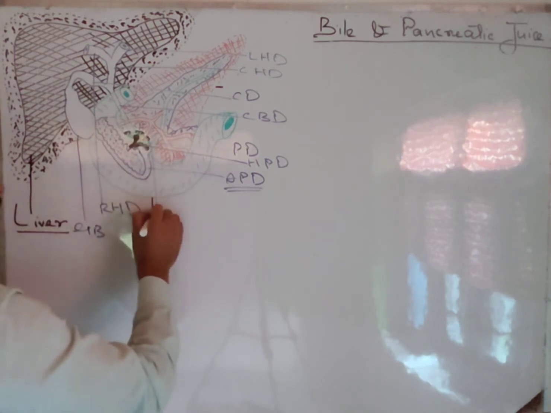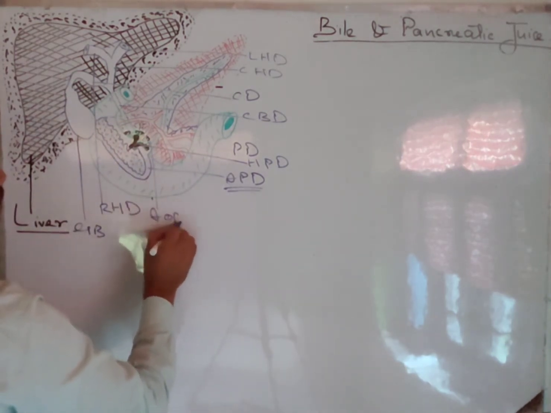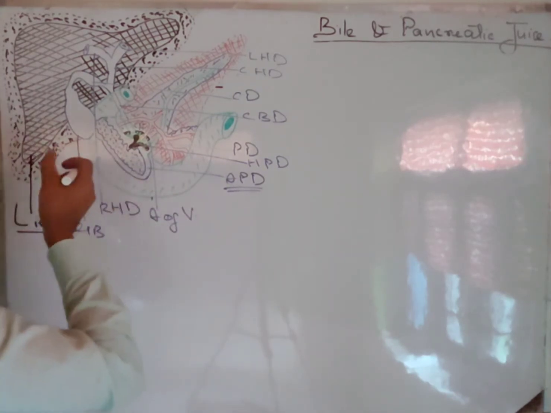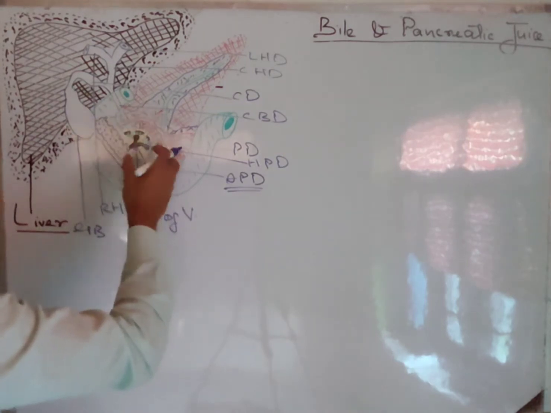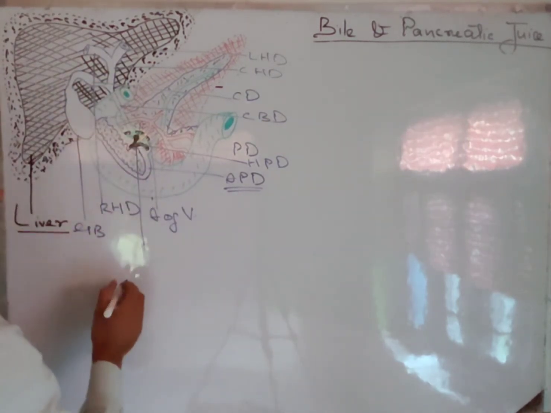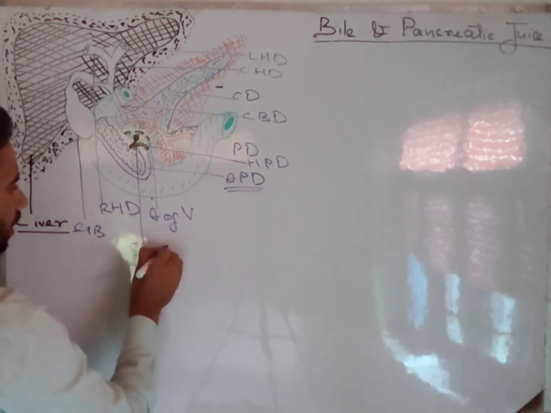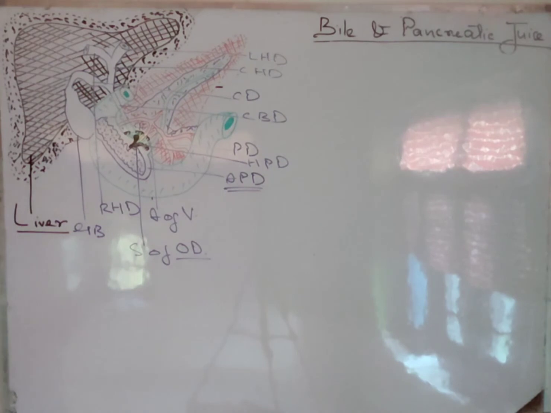That ampulla is known as the ampulla of Vater, and towards the interior side of the ampulla of Vater there is an important sphincter which guards and regulates the entry of pancreatic juice as well as bile into the duodenum. That sphincter is called the sphincter of Oddi.